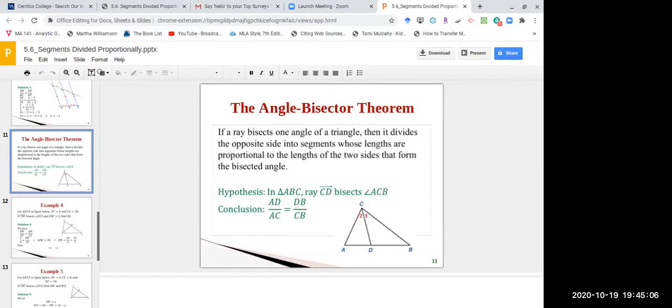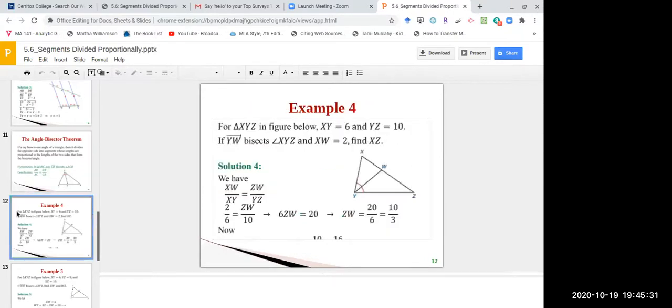The side that is bisected is proportional to the side that it actually begins on, and DB is proportional to CB, again, only if you bisect the angle. Okay, there's an example of this in example 4.